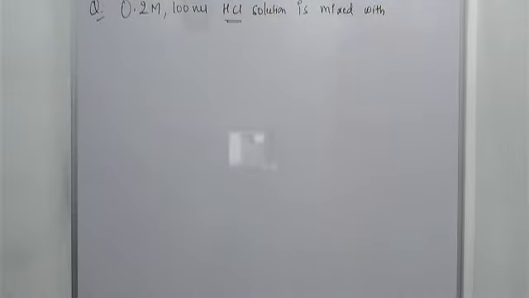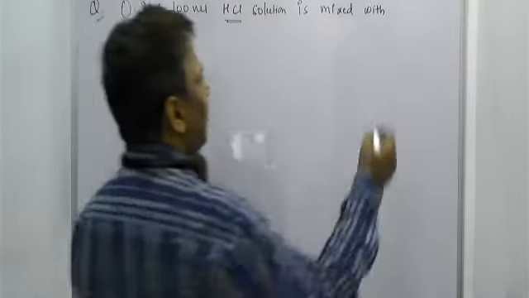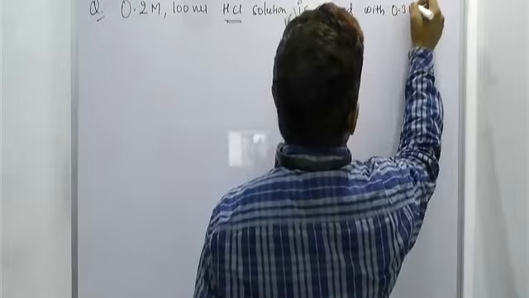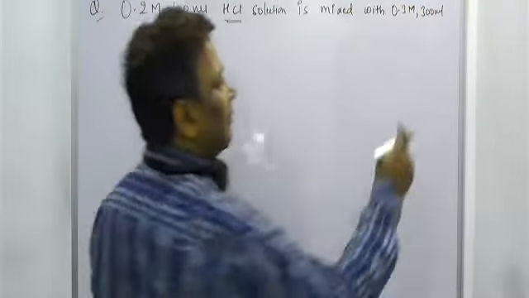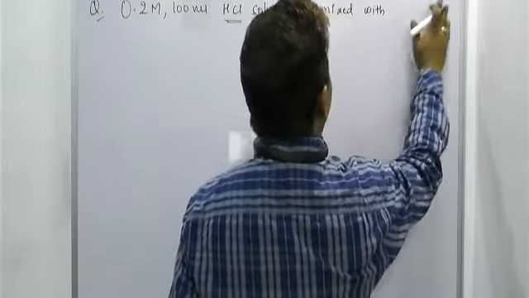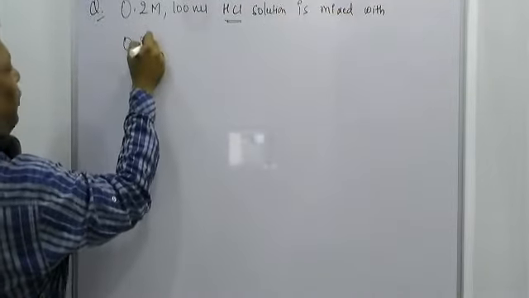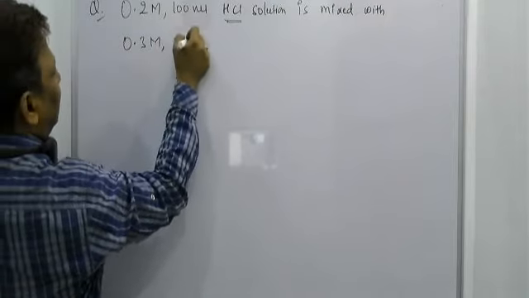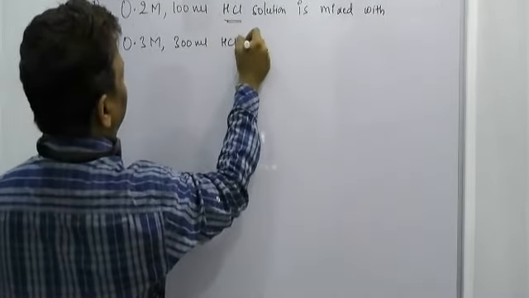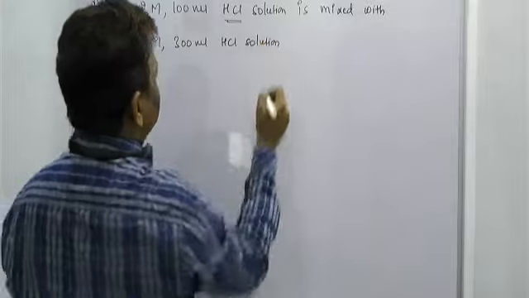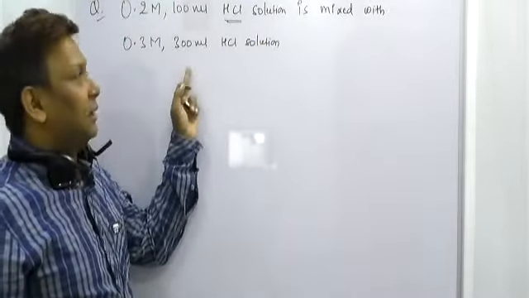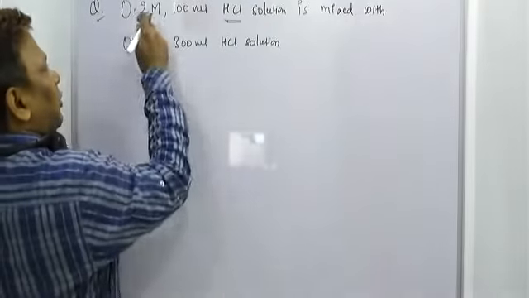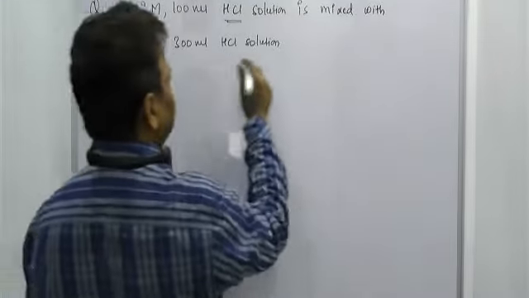Same, we are talking about the same kind of solution. So now it is mixed with 0.3 molar, 300 ml HCl solution. So 0.2 molar 100 ml is mixed with 0.3 molar 300 ml HCl solution.